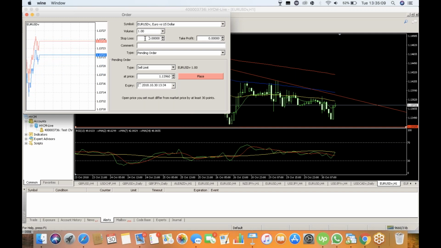1.1396, and now, very important, we must always put a stop in. Say we wanted to go 10 points above that handle, 1.1410, and we'll just pop that in.